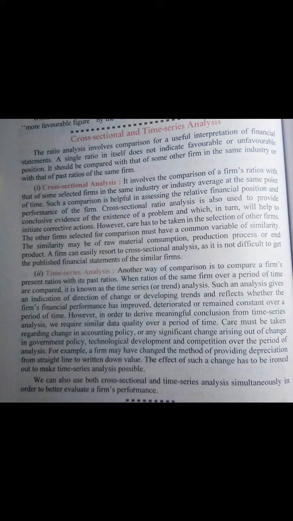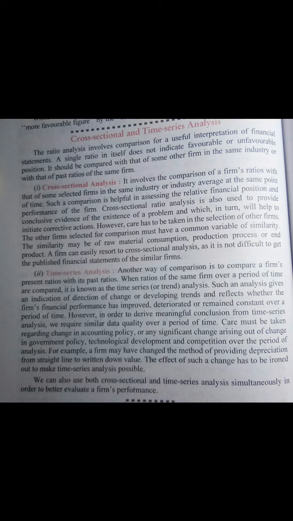So whenever a firm involves in the comparison of ratio with some other firms of the same industry, that means some other firms which are engaged in a similar kind of business, then that kind of analysis or comparison would be termed as cross-sectional analysis.